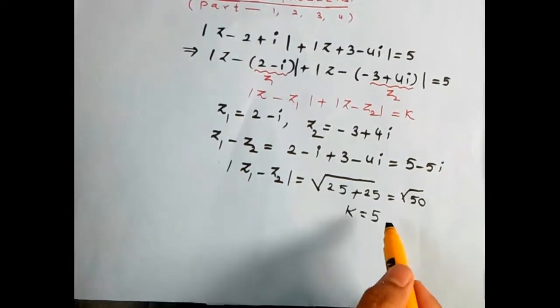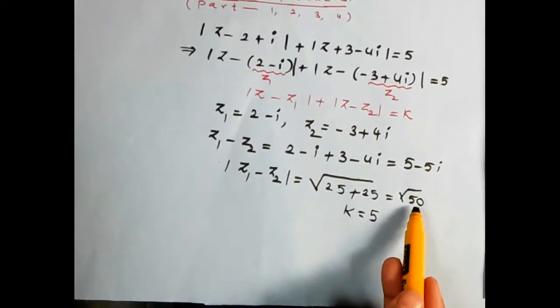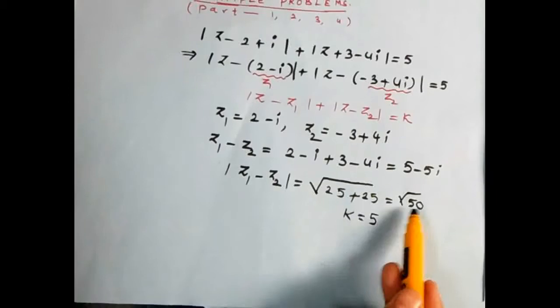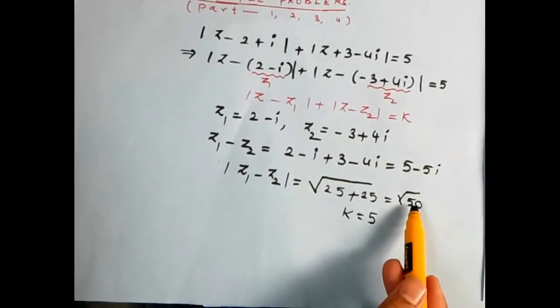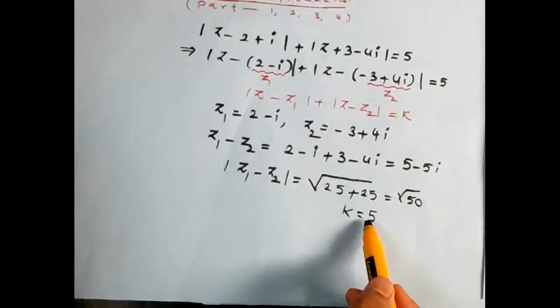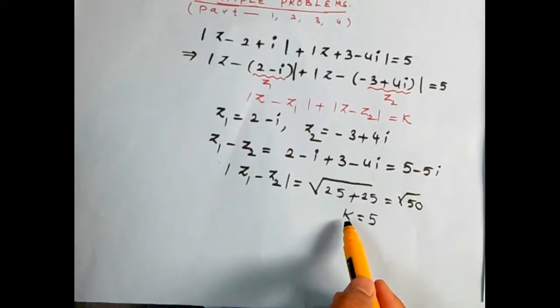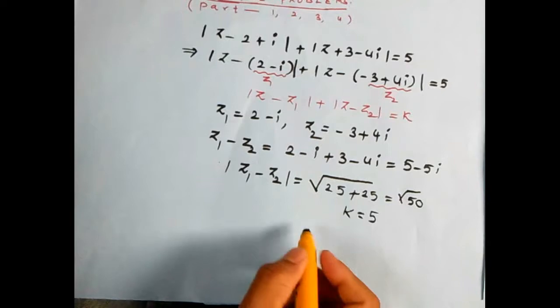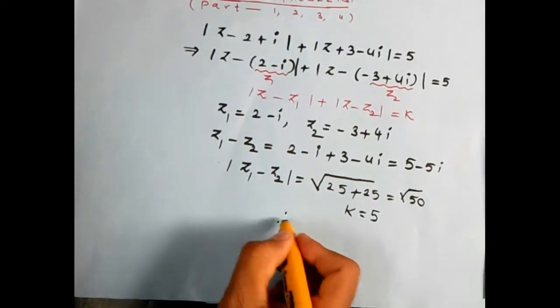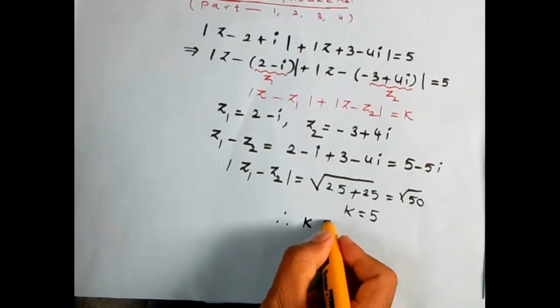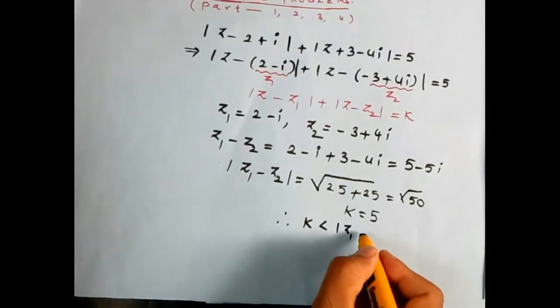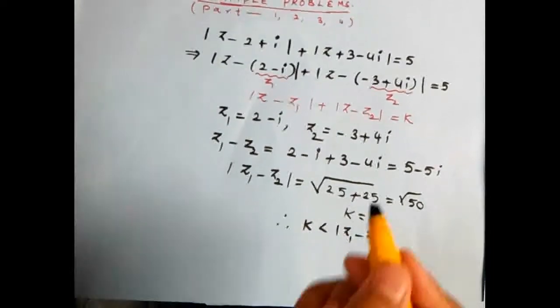So here k equals 5, which is root 25, and this is root 50, so root 50 is more than root 25. Therefore the k value is less than root 50, therefore k is less than modulus of z1 minus z2.